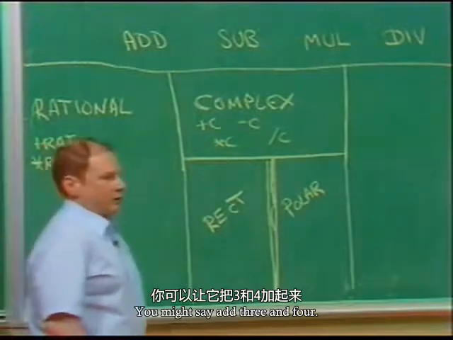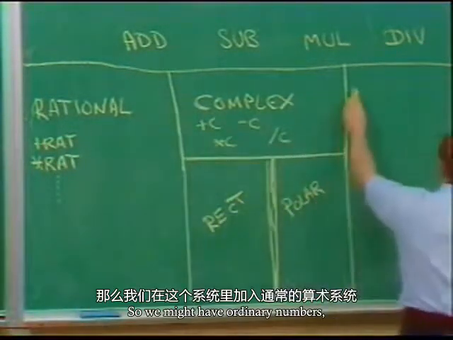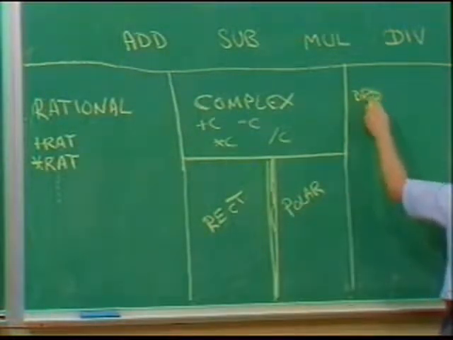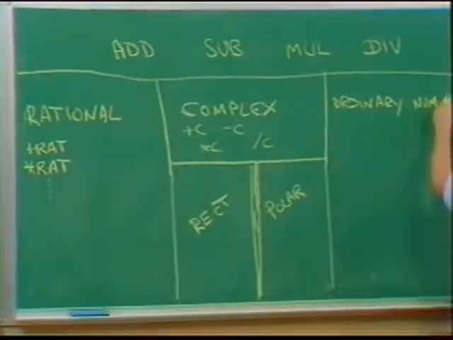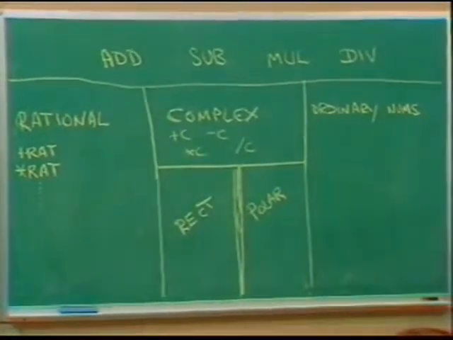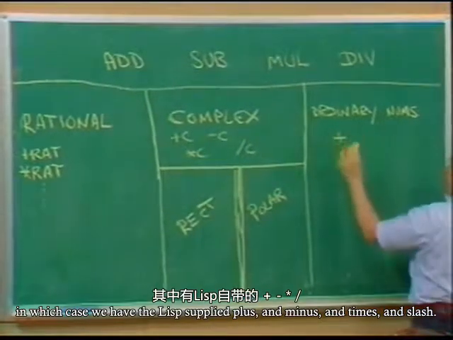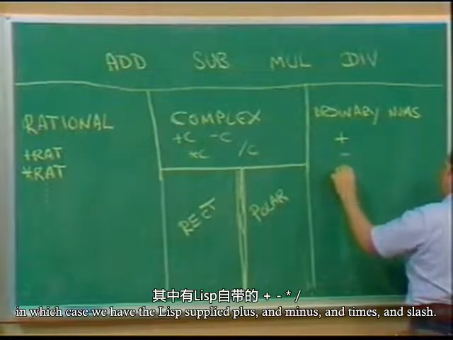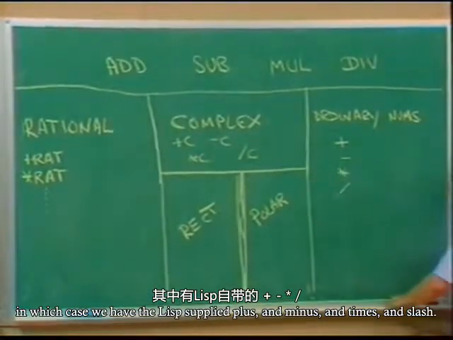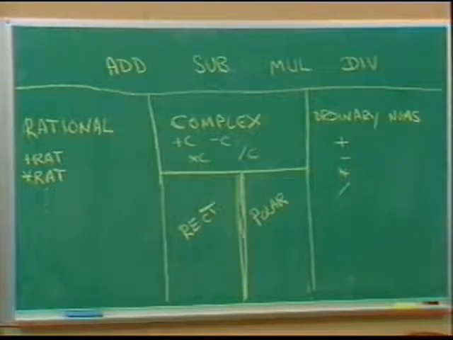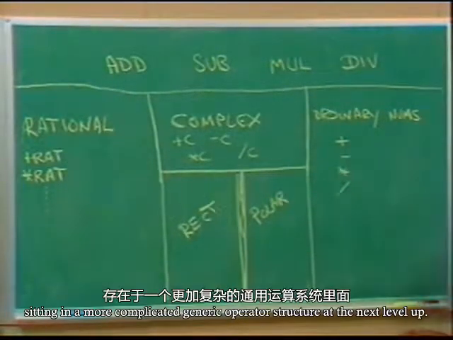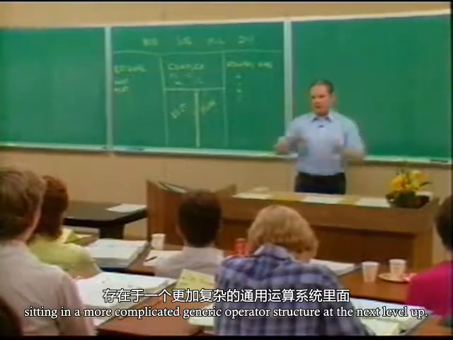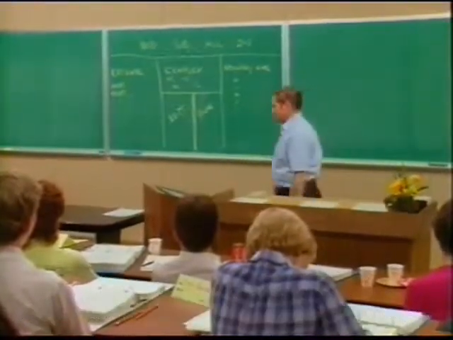You might say add 3 and 4. So we might have ordinary numbers, in which case we have the Lisp supplied plus and minus and times and slash. Okay, so we might imagine this complex number system sitting in a more complicated generic operator structure at the next level up.